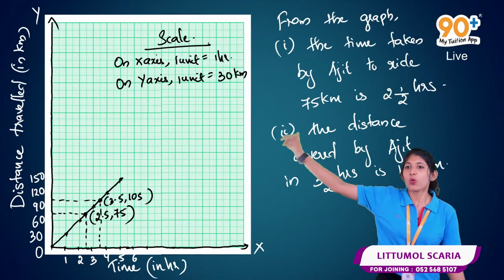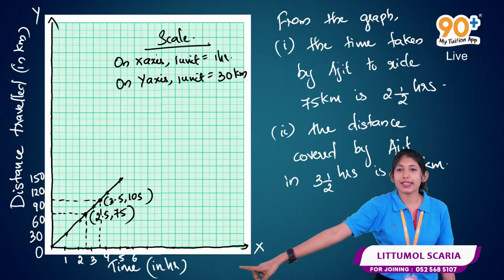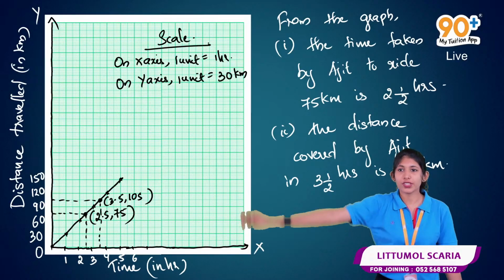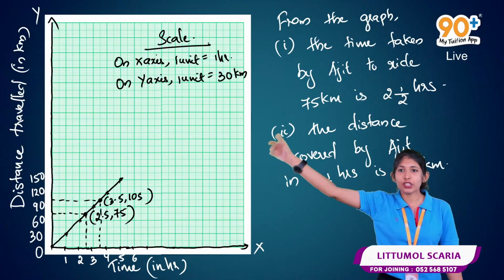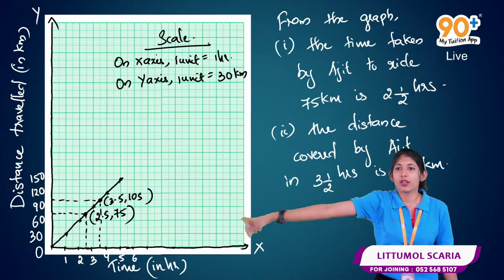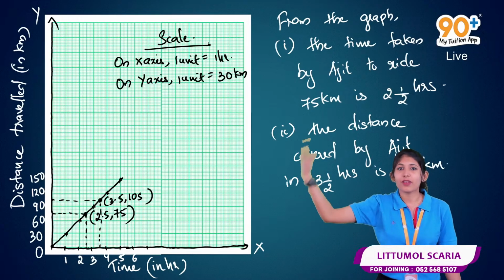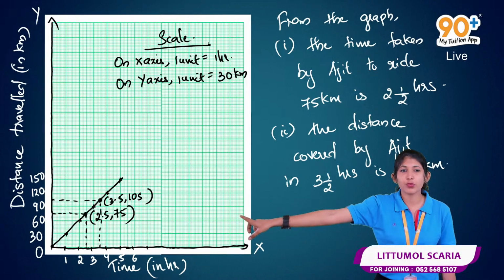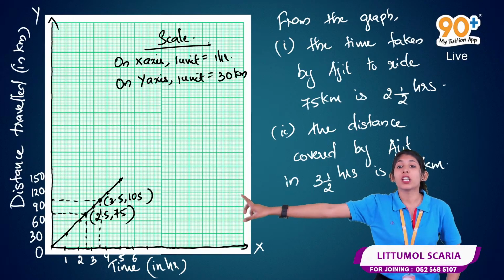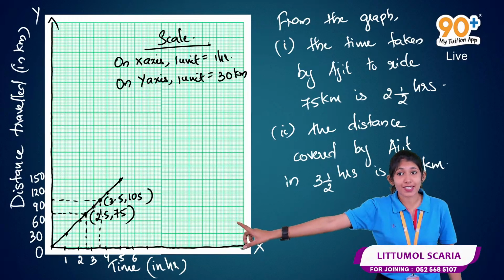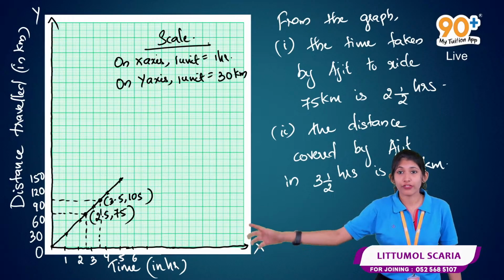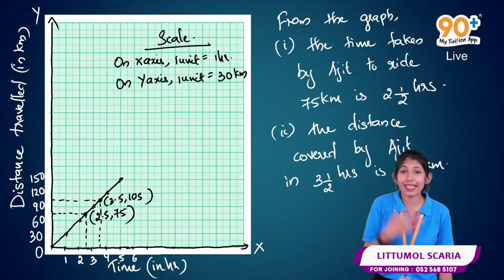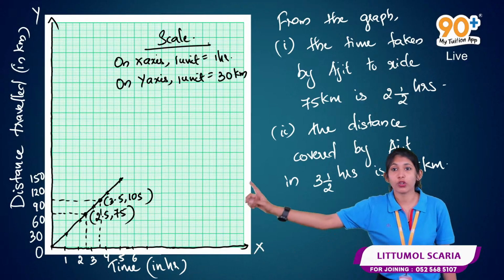So what are the things? X-axis values, y-axis values, then the units of the data, the scale, the points, plot the points, and whatever sub-question is asked, show that on your graph. If you are asked to take any information from your graph, show that information on your graph.